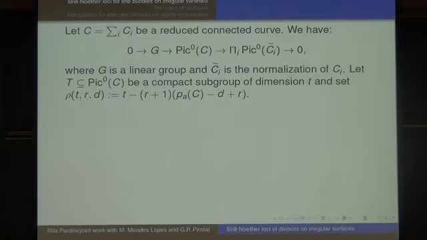So to this data, we add a compact subgroup of some dimension t, and we write down a Brill-Noether number that is exactly the same as before. It's the dimension of the subtorus of the compact subgroup minus h1 times h0 times h1, where since the curve is not smooth, we have replaced genus by arithmetic genus.